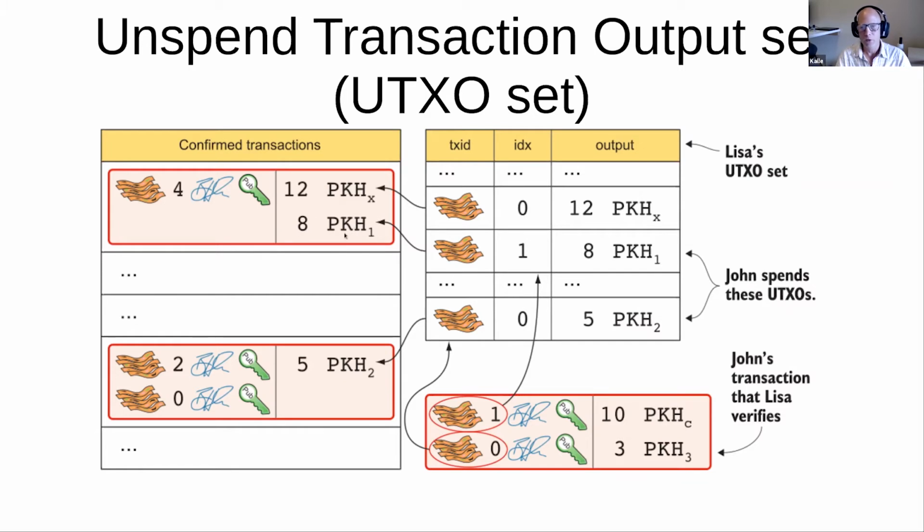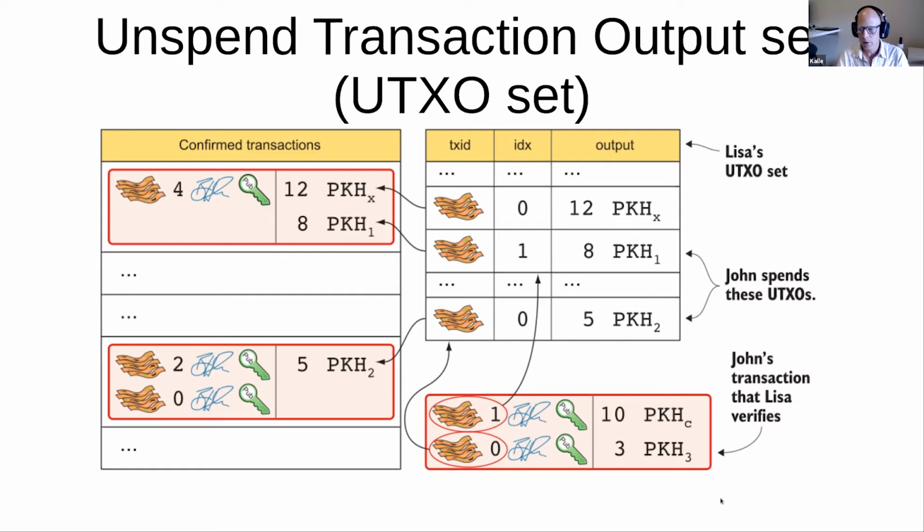And for this output, there is an entry in this UTXO set, which is the transaction ID and the index, and the output itself. So this is a table of all coins. This is who owns what, more or less. So if someone has any coins, it's available in this UTXO set.